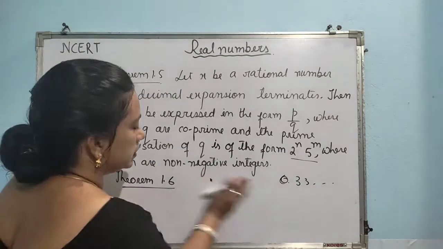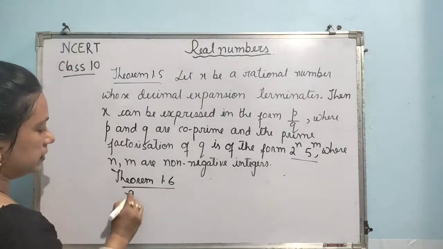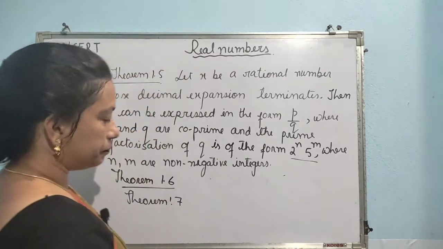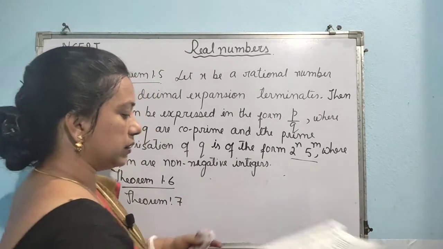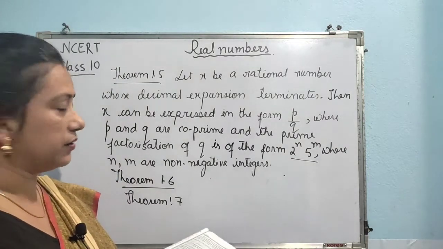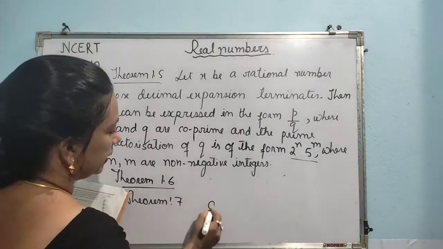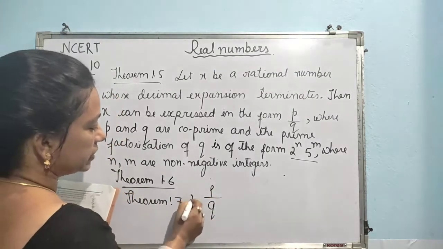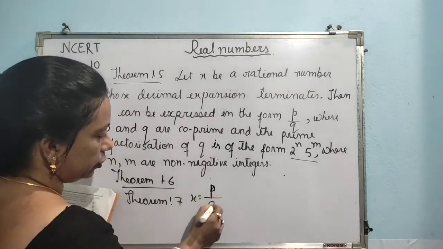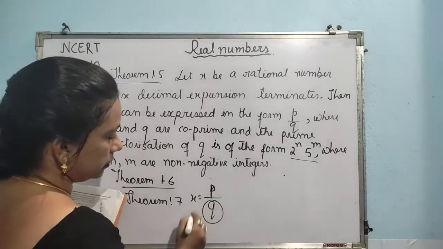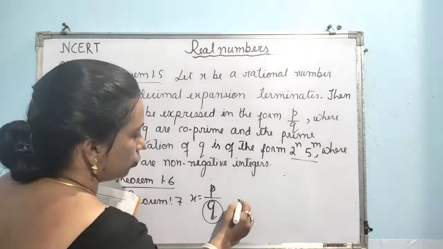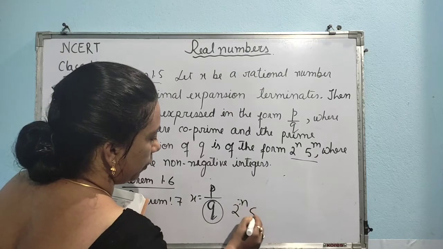Now the same thing in theorem 1.7. Suppose a number x equal to p by q is a rational number, where the numerator is p and the denominator is q, and this q is not in the form 2 to the power of n, 5 to the power of m.